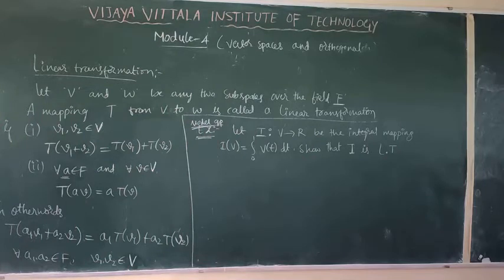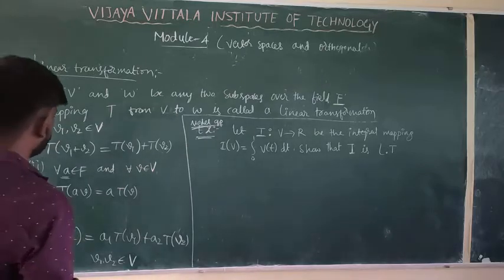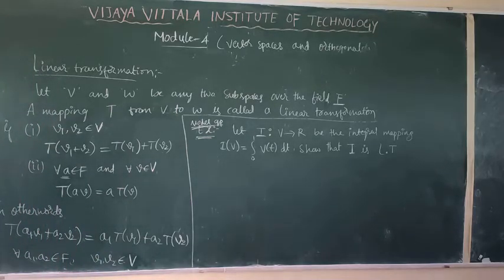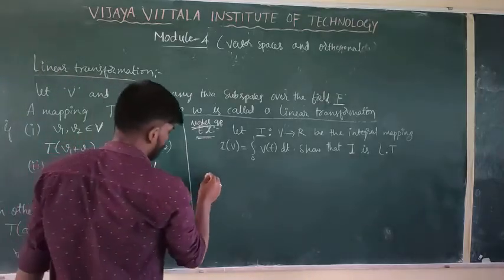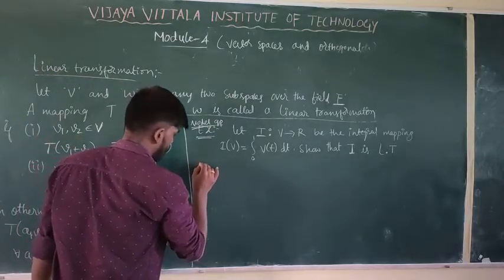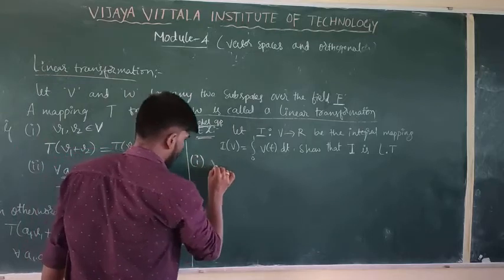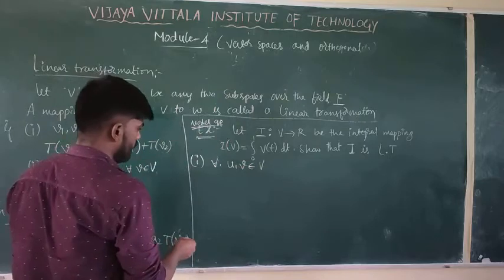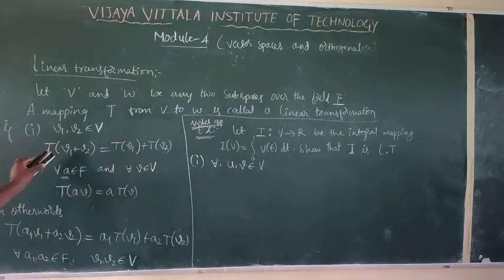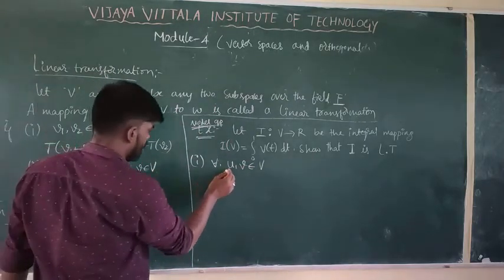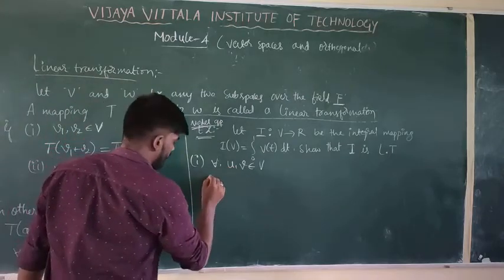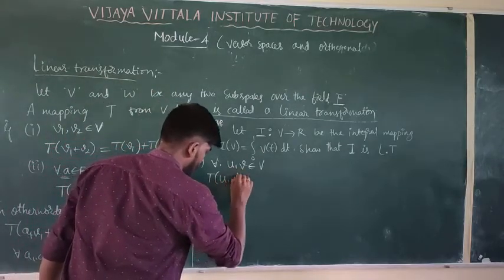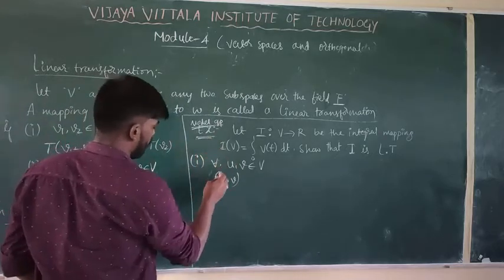First we have to check, if we take two vectors u and v, for all u, v belonging to the capital V vector space, the first condition: T of u plus v, here it is I of u plus v.